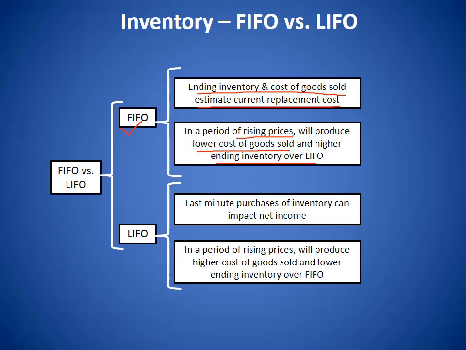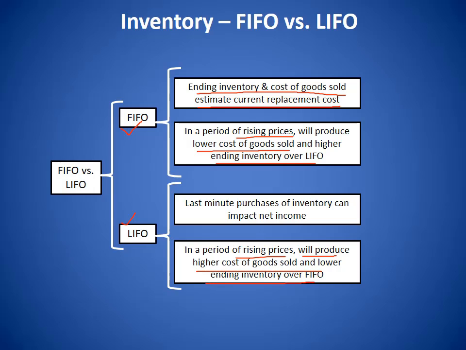Now, in the case of LIFO, last minute purchases of inventory can impact income because those are the purchases that are going to be used first in determining your cost of goods sold and then eventually net income. In a period of rising prices, LIFO will produce a higher cost of goods sold and a lower ending inventory over FIFO.